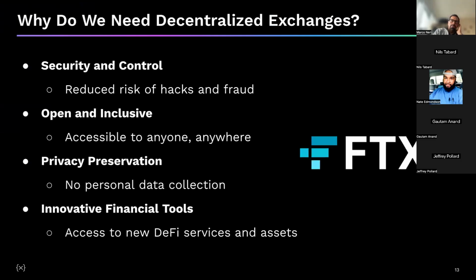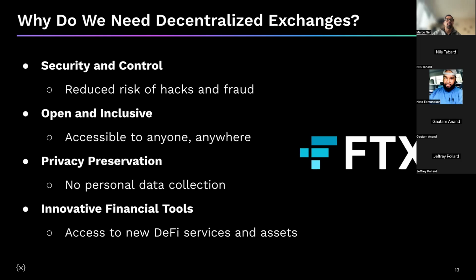And why do we need it? Because we have examples like FTX, where someone can run away with funds and use those funds in another way that is not authorized by the user. Typically at a certain point in time they will go and do it.